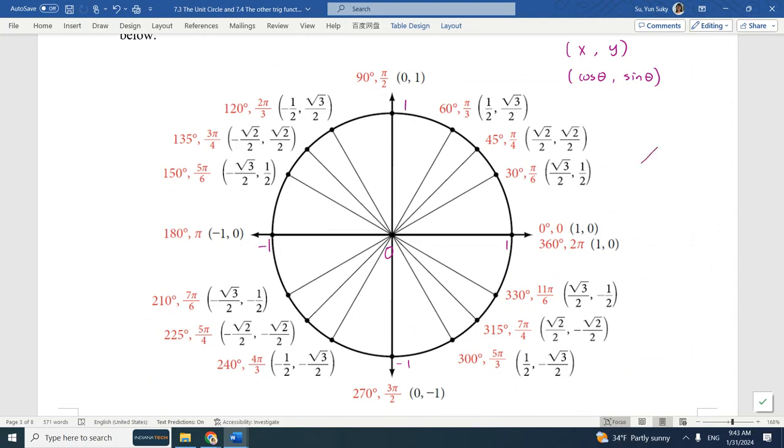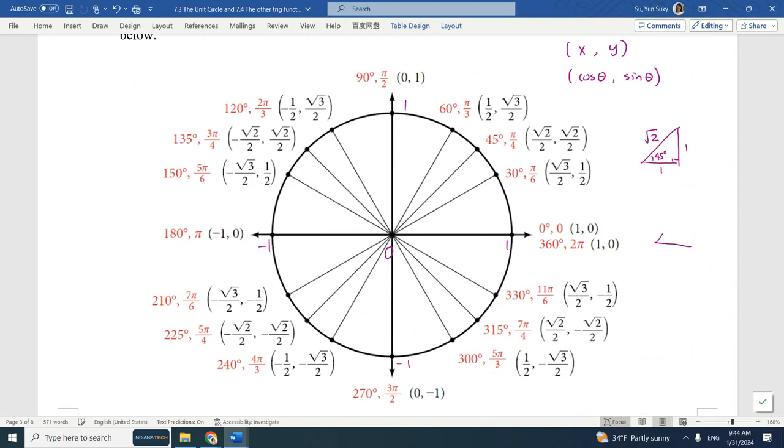So the 45 degree, we have, this is 45 degree. And remember, 1, 1, what's the hypotenuse? Square root of 2. Yes, square root of 1 square plus 1 square, square root of 2.